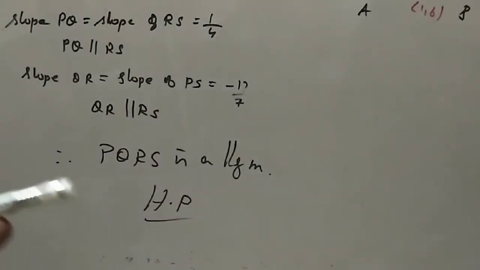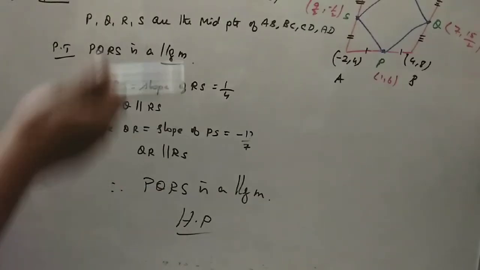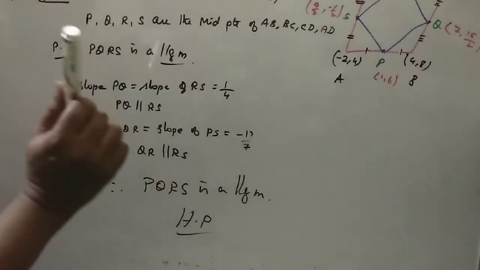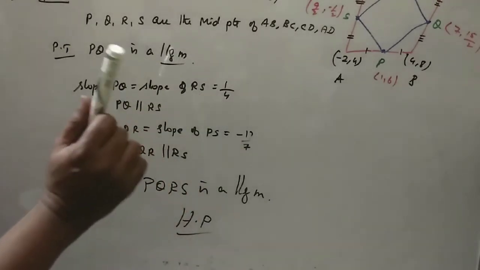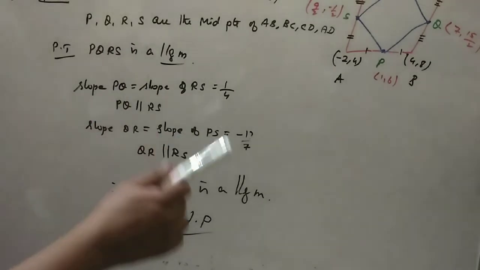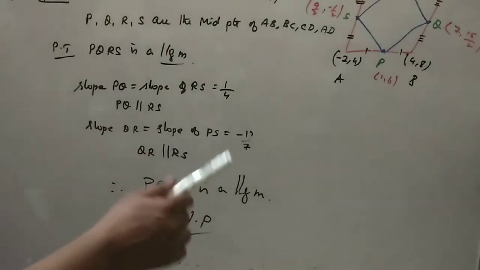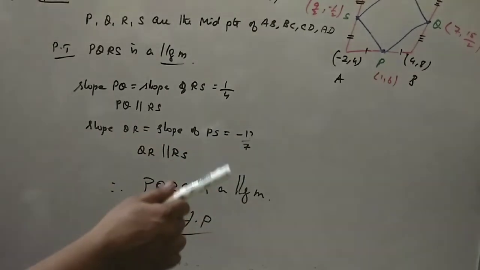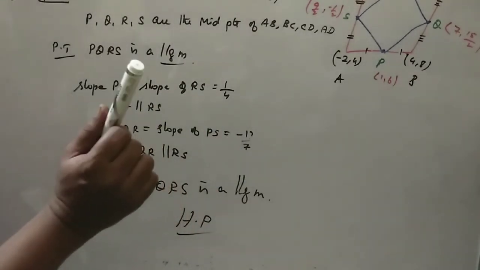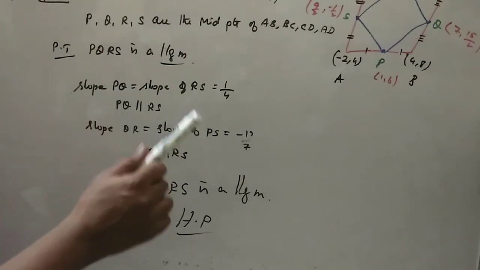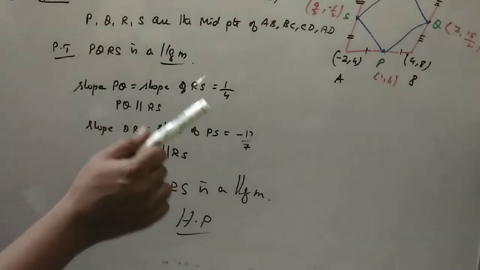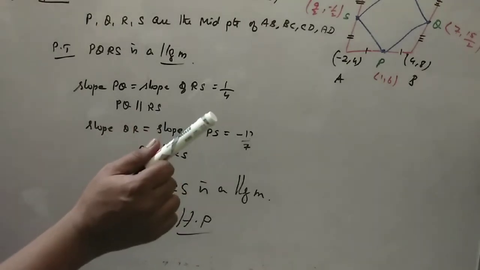Okay. First, what we have to do is find the midpoints of PQRS using the midpoint formula, x is equal to (x1 + x2)/2, y is equal to (y1 + y2)/2. And you get the midpoints. Next, we have to find the slope of PQ, QR, RS and PS.